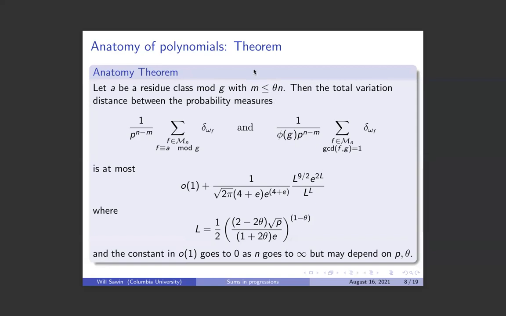And in this case, he was able to get a much stronger estimate, which really goes to 0. He didn't have the secondary term, and in fact, he could control how fast it goes to 0. And so the existence of the secondary term is an artifact of the combined difficulty of going beyond Riemann and also studying every factorization type at once.